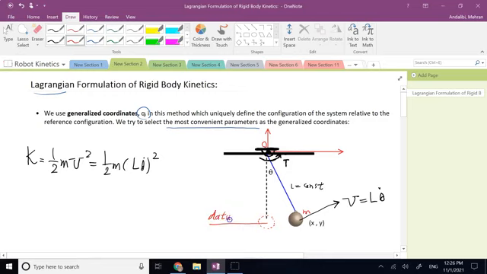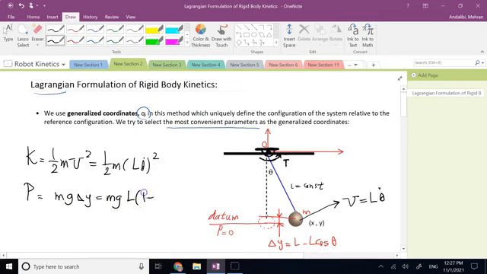And if that is the lowest potential energy of 0, then when you change the angle from 0 to some theta, the center of the pendulum is lifted by this distance delta y, which, as you know from simple geometry, is L minus L cosine theta. And so the potential energy P is going to be mg times delta y. So it is going to be mg, and if you factor out L here, it's going to be L times 1 minus cosine theta.